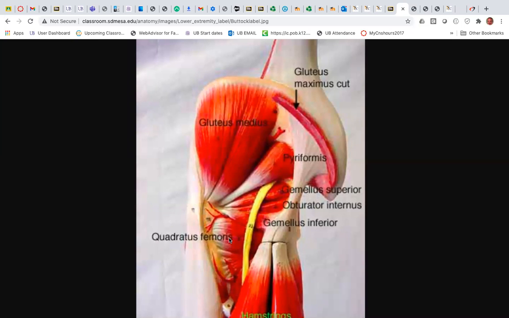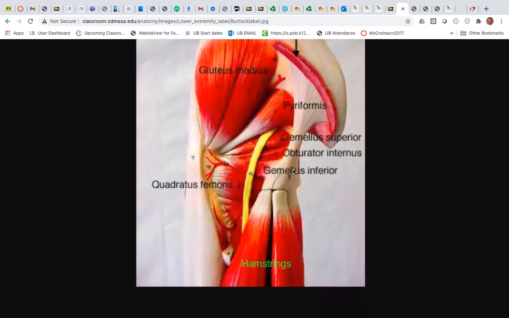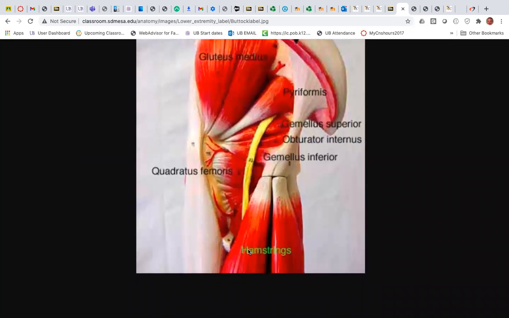Please go quietly. Now, this is a really nice picture because since the gluteus maximus is cut, we can now see the hamstrings at their origin. The origin is this bone called the ischial tuberosity.